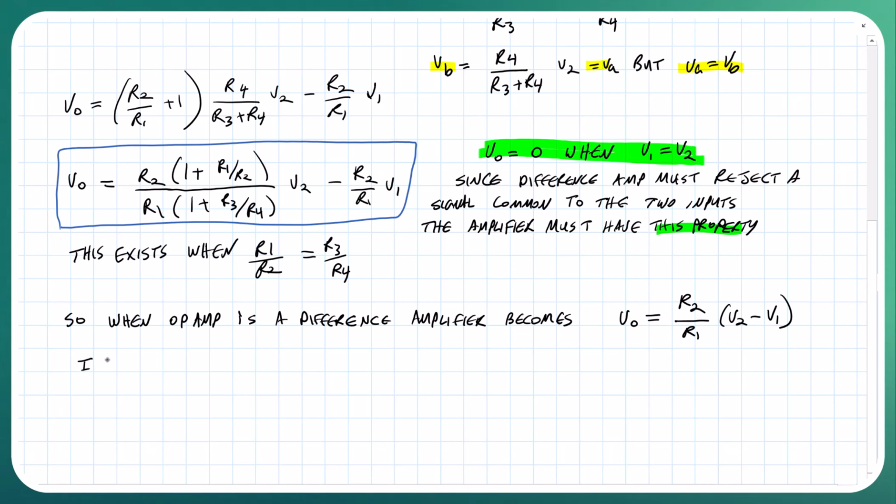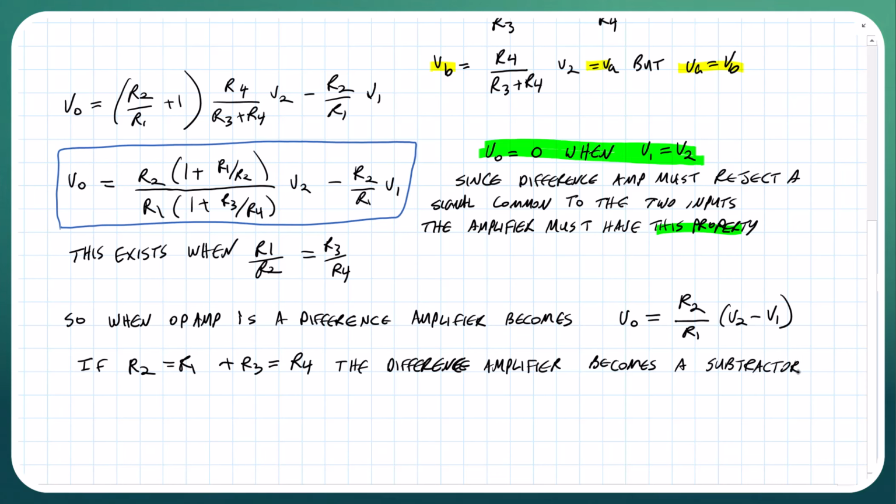Furthermore, if R2 equals R1 and R3 equals R4, this difference amplifier becomes a subtractor, meaning V naught is going to equal V2 minus V1.